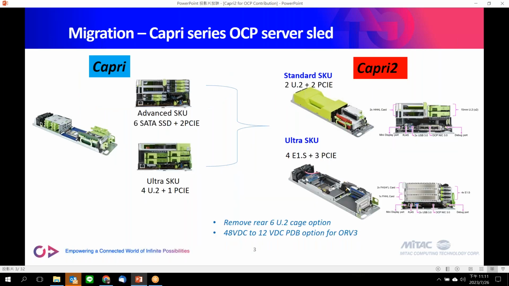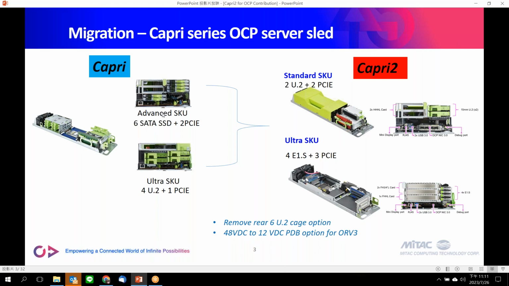Okay. Now, what is the difference between Capri and Capri 2? For the migration, the left side is our Capri. We contributed this spec 2 years ago.